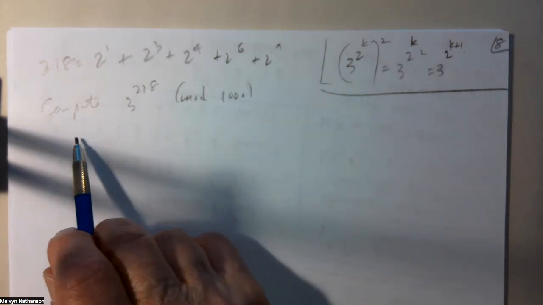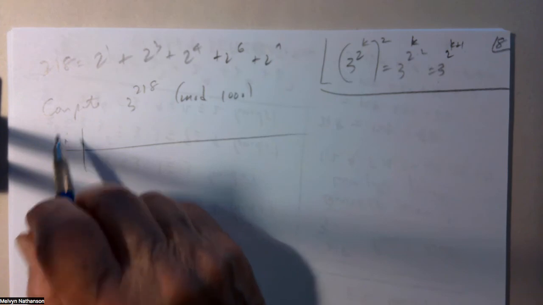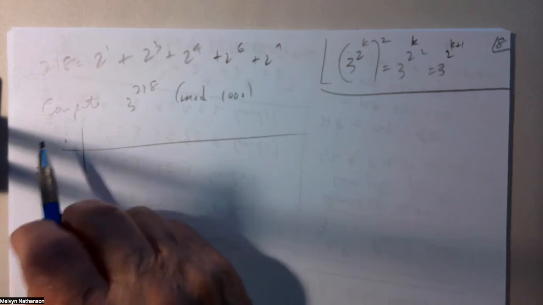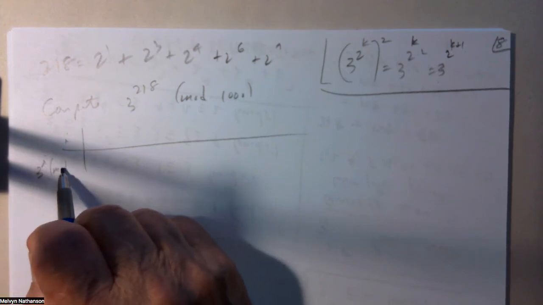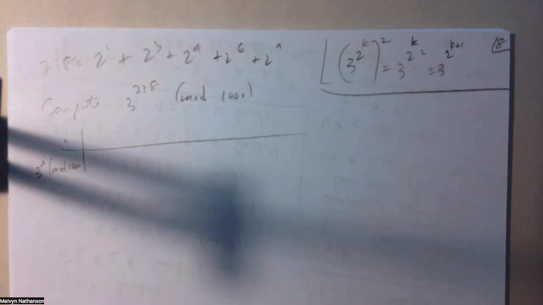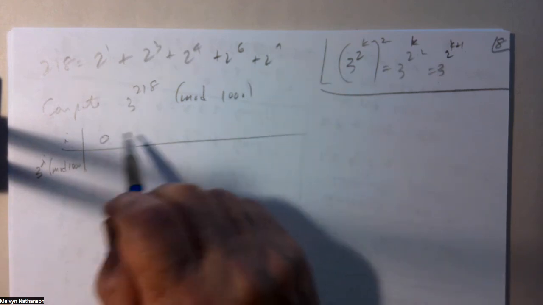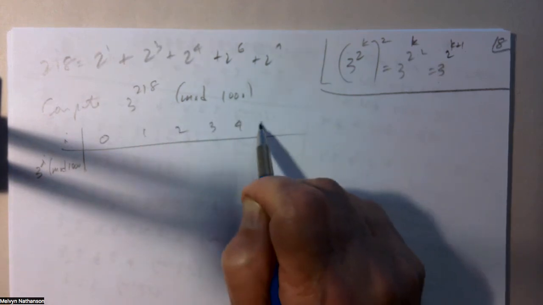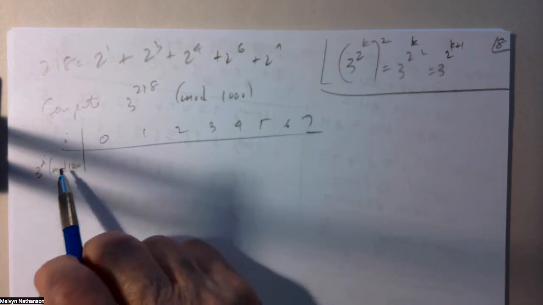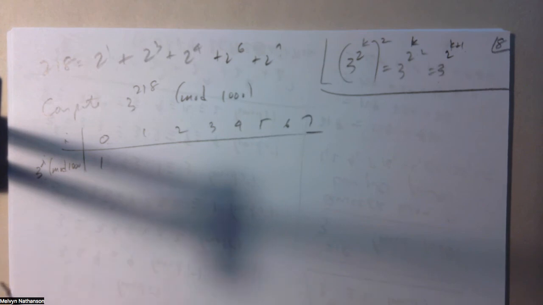So I'm going to make a table. For each power i, I'm going to write 3 to the i mod 1,000. And I only need to know this up to the 7th power. So 3 to the 0th power is 1.